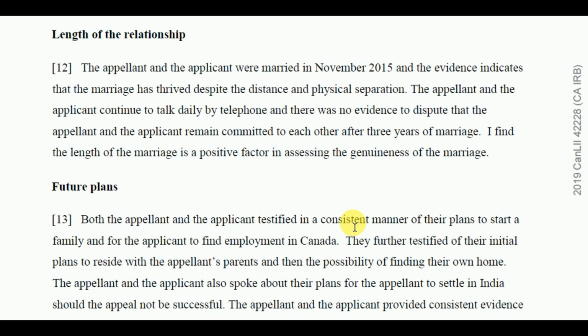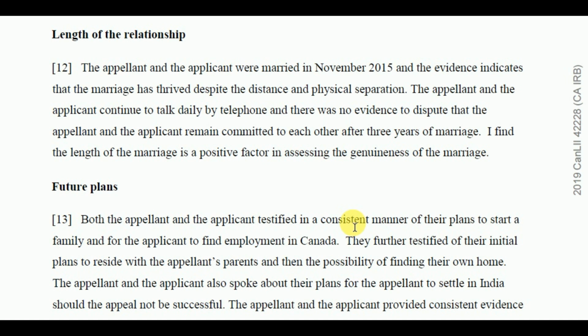The future plans. Both the appellant and the applicant testified in a consistent manner of their plans to start a family and for the applicant to find employment in Canada. They further testified of their initial plans to reside with the appellant's parents and then the possibility of finding their own home. The appellant and the applicant also spoke about their plans for the appellant to settle in India should the appeal not be successful.